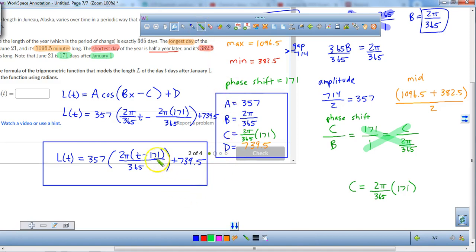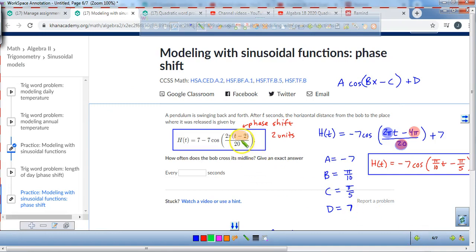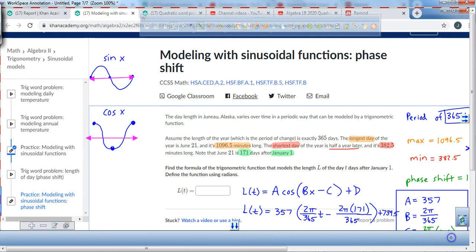Now, this is important right here, the whole phase shift. You guys see this phase shift right here? Remember when I said the phase shift was 171? If we go back to our previous problem, what was our phase shift there? T minus 2. So if you look at the previous problem and how they set it up, it's going to help you build your function when it's time to build your function. So I want you to see what I did here.